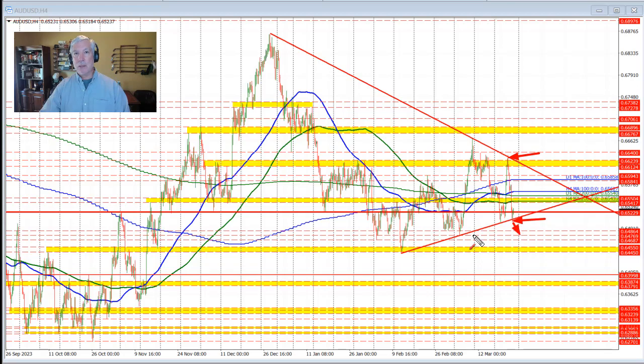We look maybe toward this low right here, and then we look down toward the next lows through here, which incorporates a swing area going back in time to this area right through here. We had different swing lows and highs, and we came back down and tested that level before moving higher. So this area right down through here, about down to 0.6445 and 0.6455, would be the next target. Break below that level, things move even more to the downside for the Aussie versus US dollar.